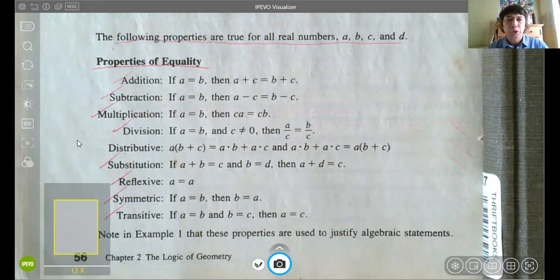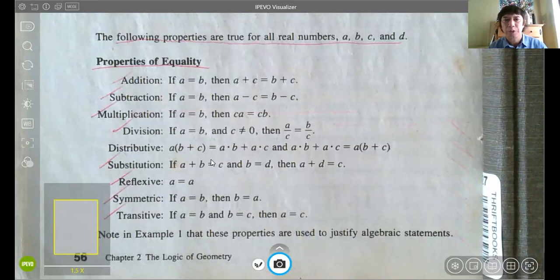Next one is the substitution property. If A plus B is equal to C and B is equal to D, then the next statement is true: A plus D is equal to C. You will notice the first statement is A plus B equal to C, and B is equal to D means D can occupy or substitute in this place here.